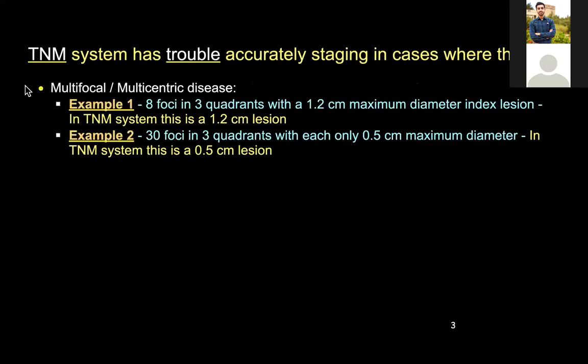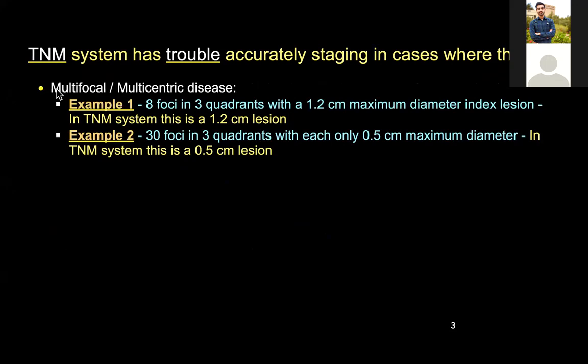Now, the TNM system has two particular problems. Problem number one is it doesn't deal adequately with multifocal and multicentric disease. And we know from many studies now that a majority of breast cancers are multifocal. So let's go through two examples of where TNM doesn't get it right.